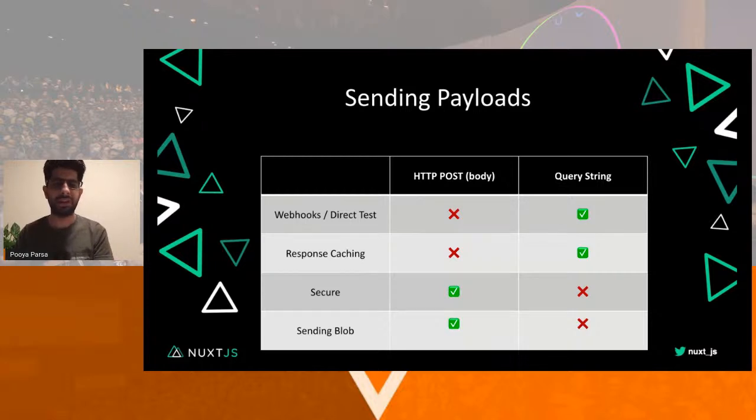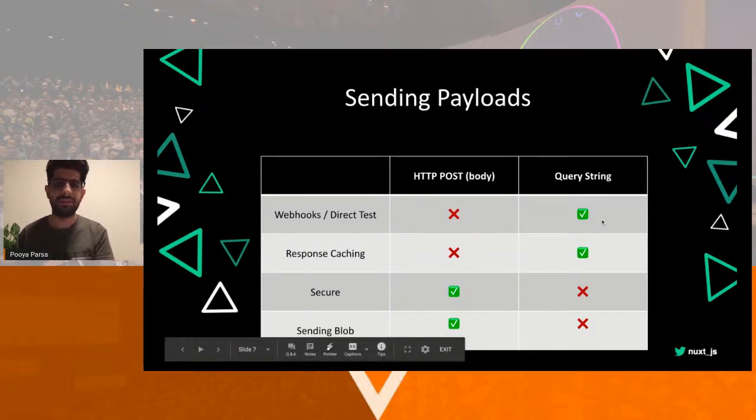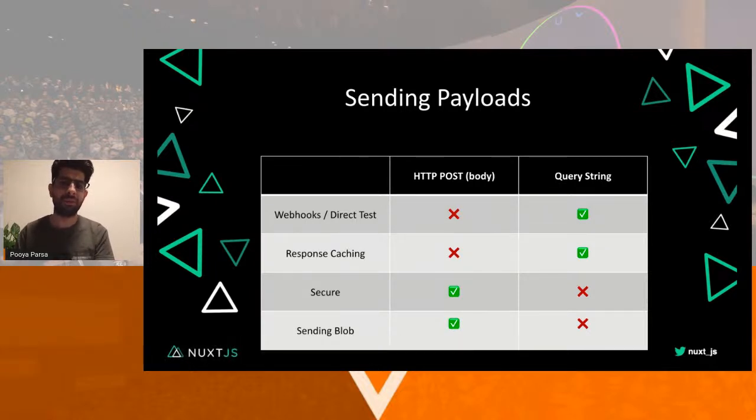But post allows sending it as raw binary data, which is more efficient. But don't worry about this. Probably we are going to set the query string as the default one because it's easier for developers to test, but allow marking some of the functions to be secure and use the post body.